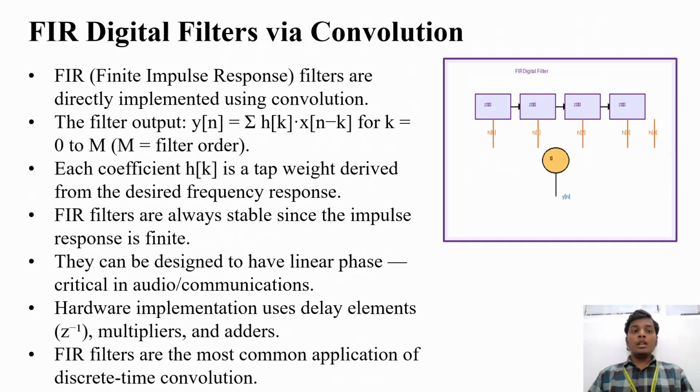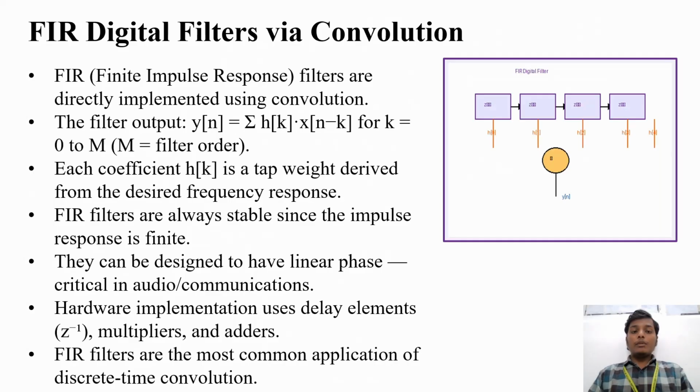FIR means finite impulse response. Digital filters via convolution. FIR filters are directly implemented using convolution. The filter output y[n] equals summation h[k] times x[n minus k] for k equals 0 to M, where M is the filter order. Each coefficient h[k] is a tap weight derived from the desired frequency response.